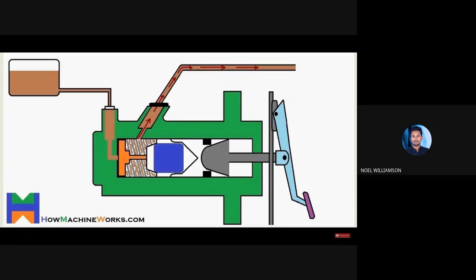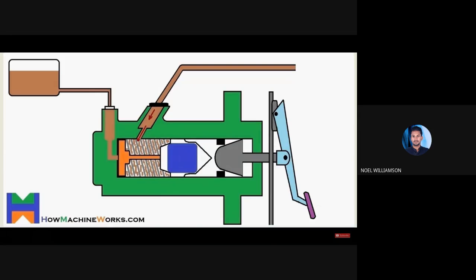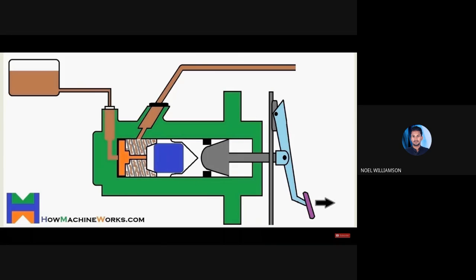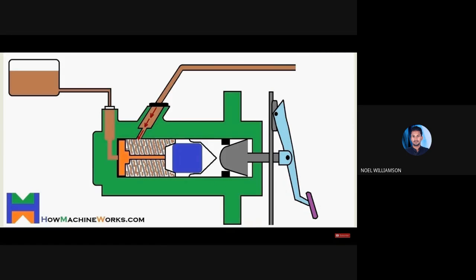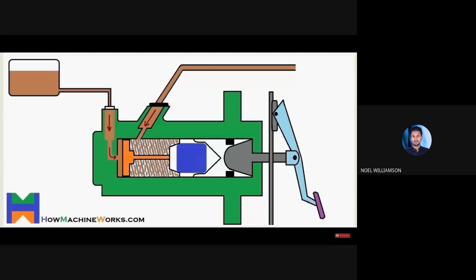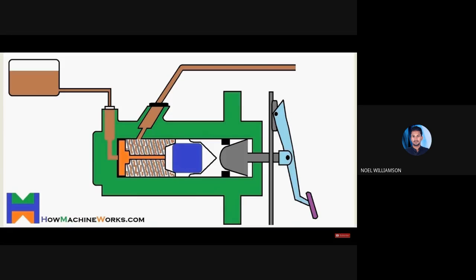So that's how a brake master cylinder works. And when I remove my leg from the pedal, it simply goes back like this. The spring goes back, the oil comes inside, further goes back, and the oil comes inside from the reservoir also and stabilizes. So let's see it once again. I'm stepping on the brake pedal, compressing it, which closes the port from the reservoir, then further compressing the spring once again.